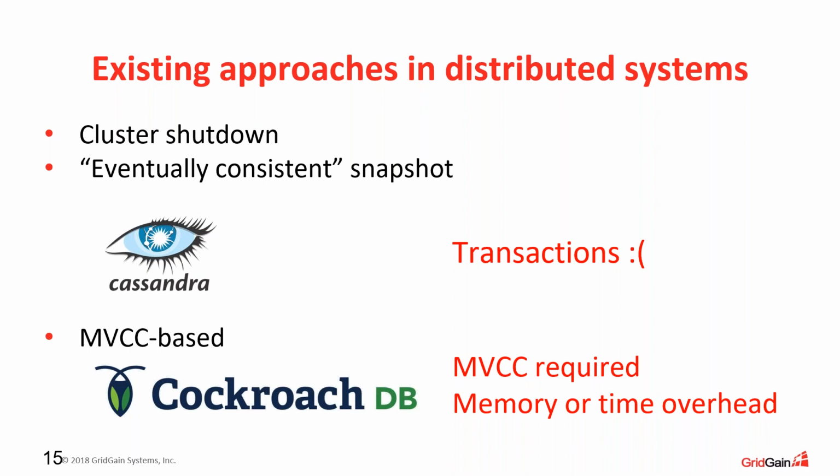But the cost for this is extra overhead. MVCC uses global versioning of transactions. Every transaction that starts has a version, and every version in the cluster can be compared with another version.